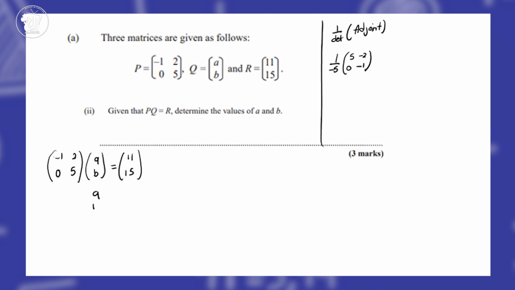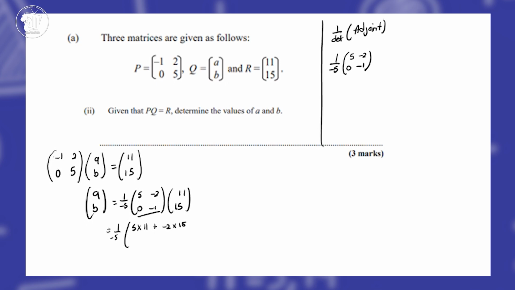So A, B would be equal to, remember we're putting this in front of this, 1 over -5 multiplied by 5, -2, 0, -1 multiplied by 11, 15. So it's row by column. We'll have 1 over -5, then 5 multiplied by 11 plus -2 multiplied by 15.